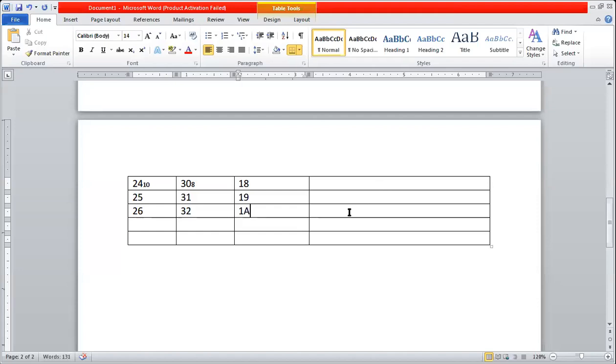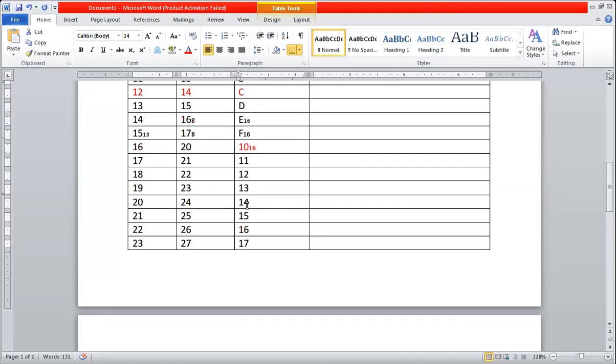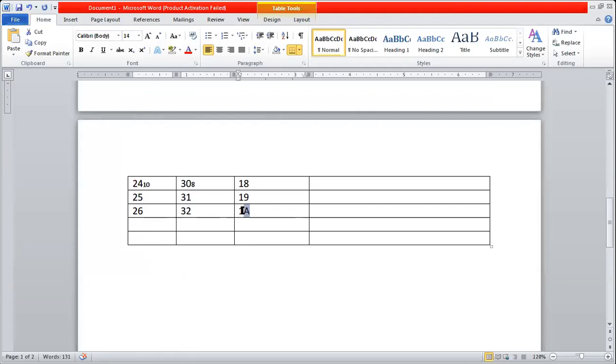Why? Because after 9, what do we have here? After 9, we have A, correct? So here we have to write one combination, 1 and A. Is that okay?